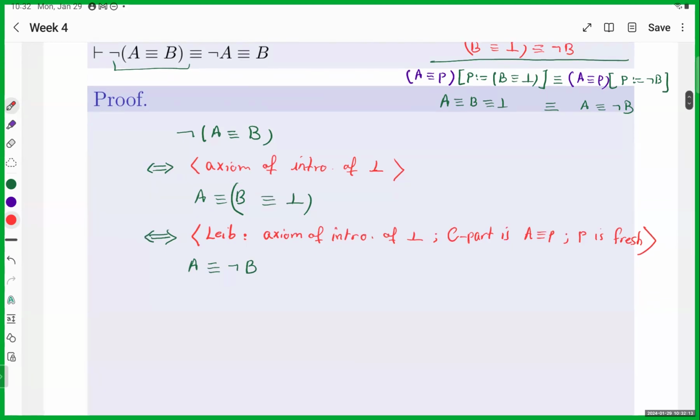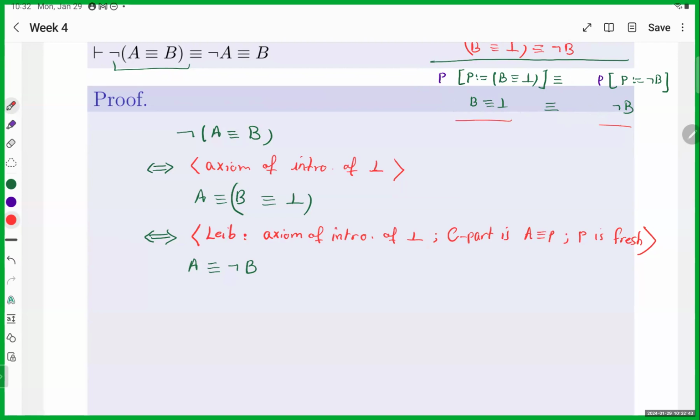Anyways, yes? Professor, what if we just said on the C part only P? Why do we need to say A is equivalent to P? If the C part is P, what do you get? Then we replace, and instead of B, what you get is P. This is just the axiom that you already have.